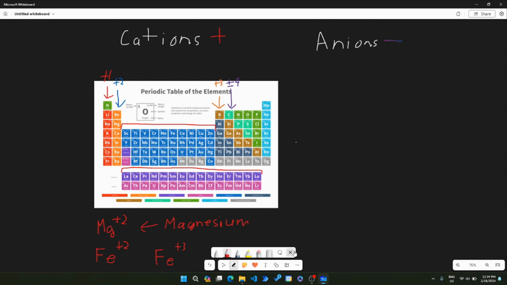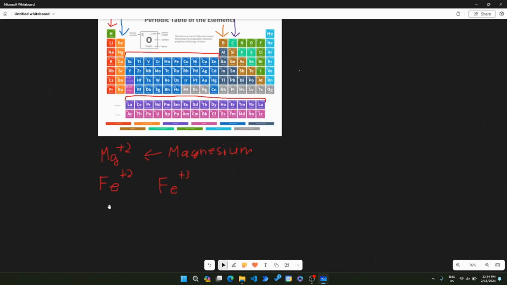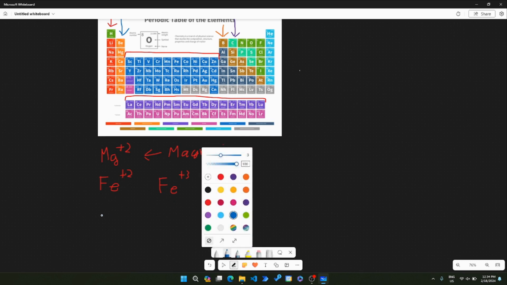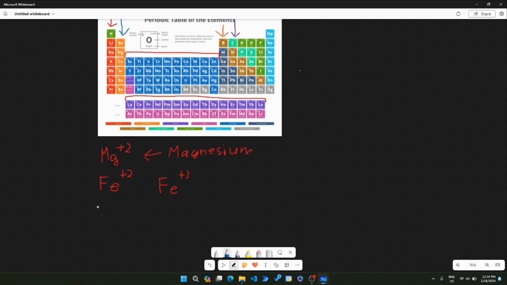Where things get more complicated, however, is if you have 2 ions. If we have 2 ions, there are 2 naming systems: there is the stock, and there is the traditional. The stock system is the easiest to go with, so let's start with that.